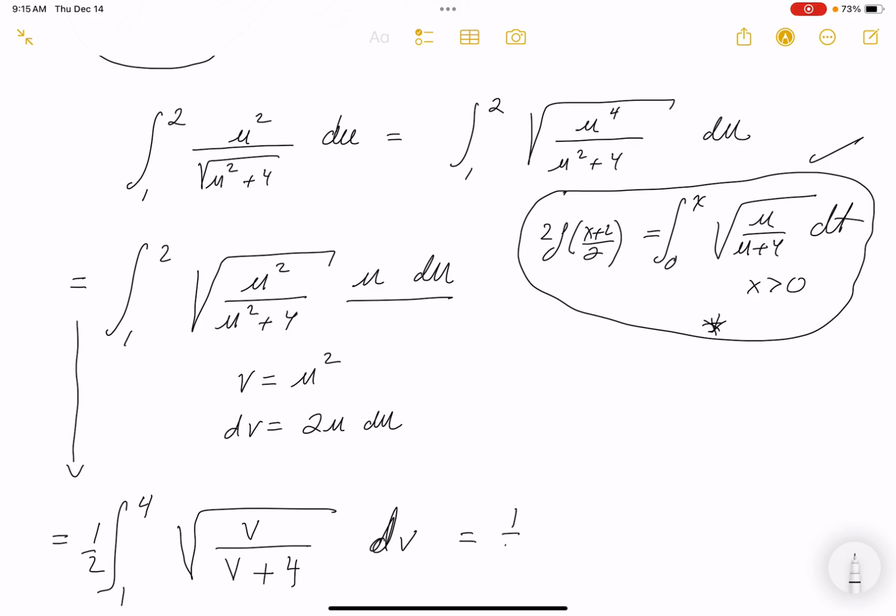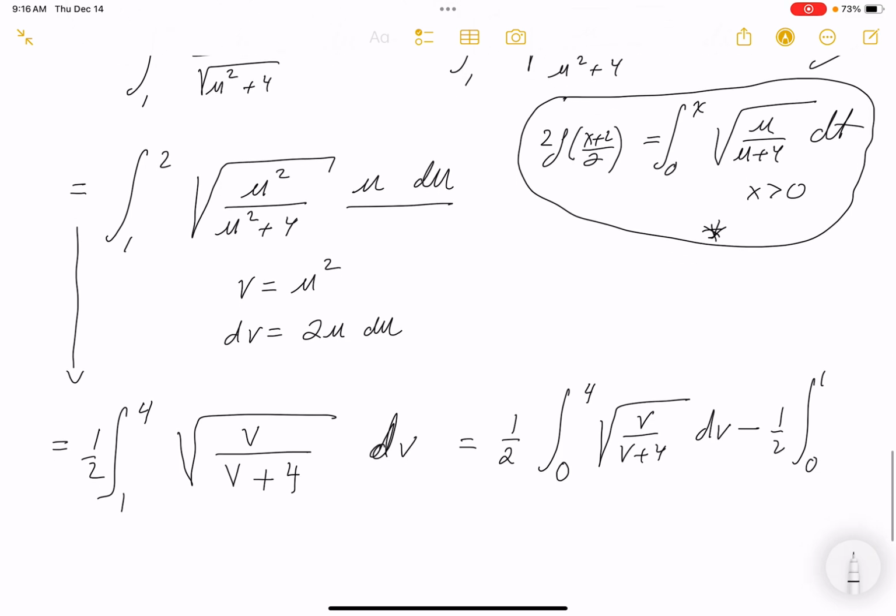So 1/2, I'm going to write that as 0 to 4, the root of v over v plus 4 dv, and then I have to take away something. I have to take away 1/2 from 0 to 1 now. Well, that's problematic, isn't it? And when you get over here, you get this, v over v plus 4 dv.